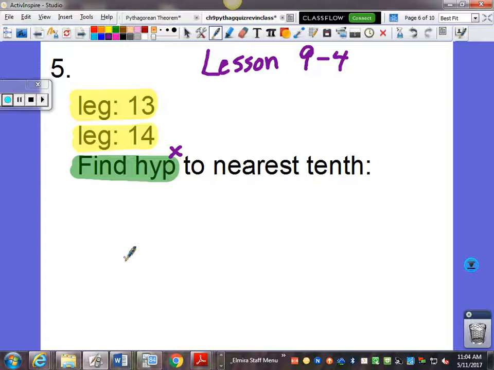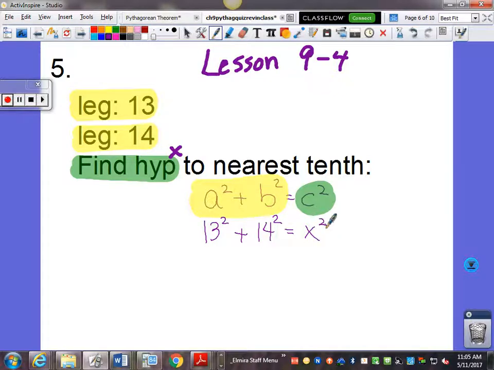Okay, so a squared plus b squared equals c squared. My yellow is going to be my a squared plus b squared. And my c squared is going to be my other color, whatever that might be. Green this time. So 13 squared and 14 squared, those are my yellows, and I'm trying to find the hypotenuse, so I'll put x squared there.